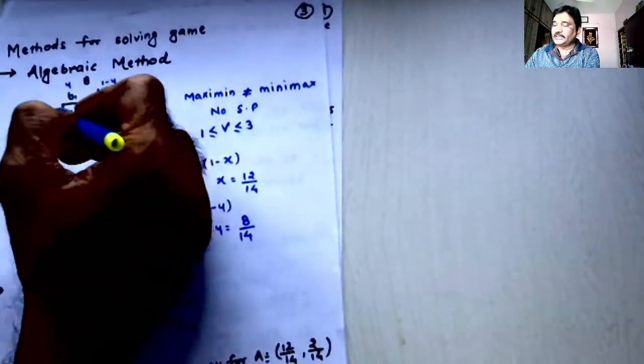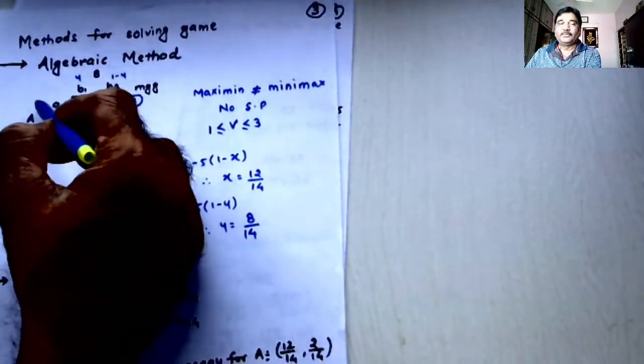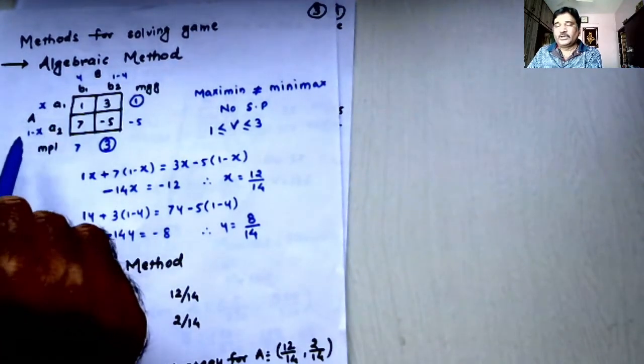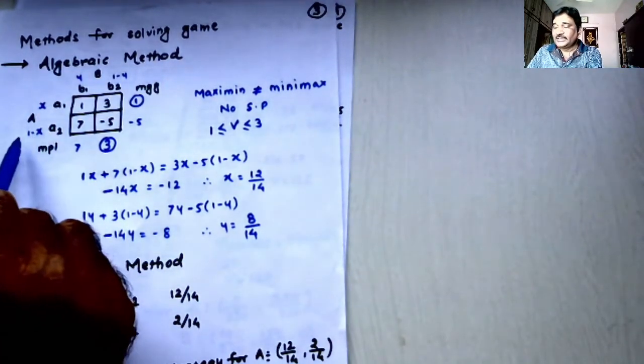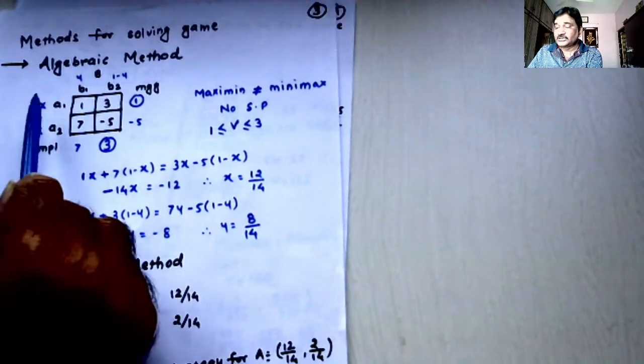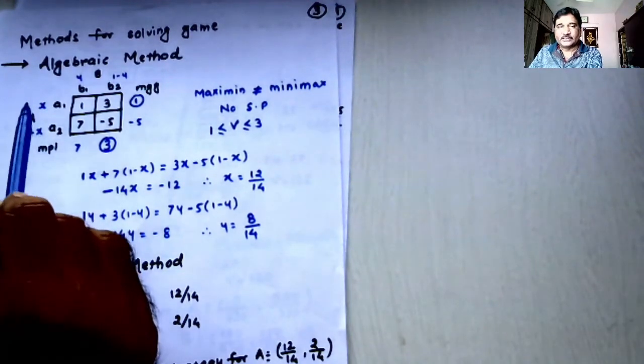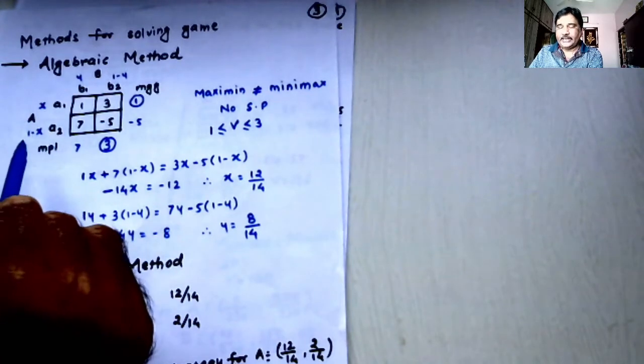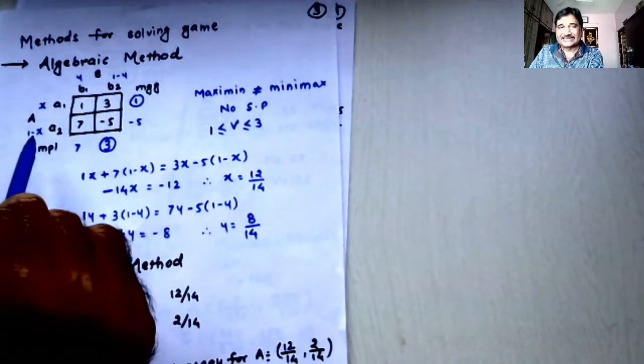For example, here we assume that A1 will be played in proportion x, and obviously A2 will be played in proportion 1 minus x, because the sum of the proportions is 1.